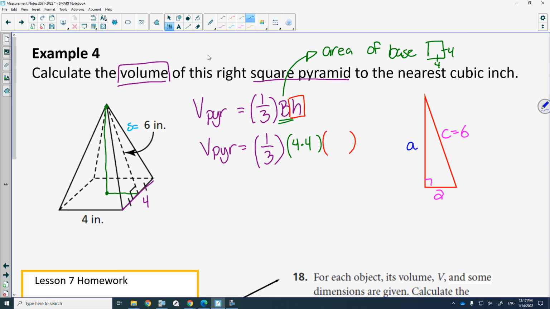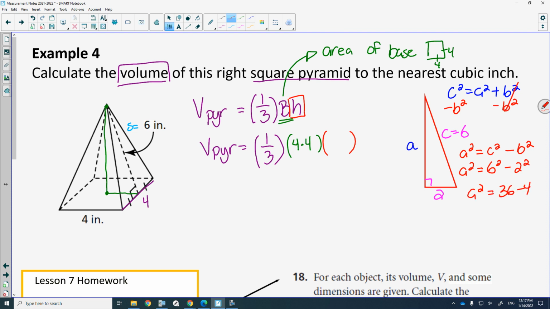So Pythagorean theorem is C squared equals A squared plus B squared. If you are, let's say, looking for A squared, you have to subtract B squared from both sides. If you're looking for a side other than the hypotenuse, it's always going to be the hypotenuse, which is C squared, minus the other side. So A squared is equal to C squared, which is 6 squared, 36, minus B squared, which is 4.